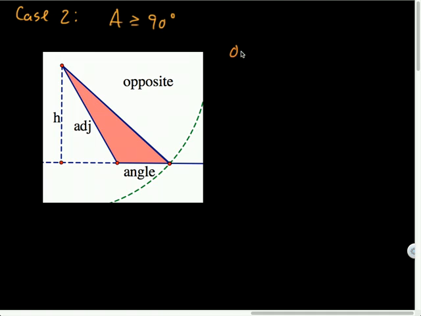I have one triangle anytime the opposite is greater than the adjacent.